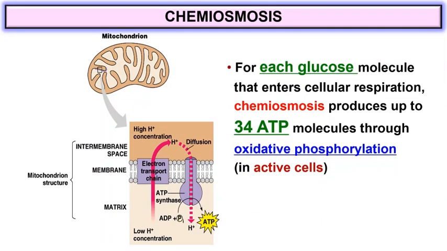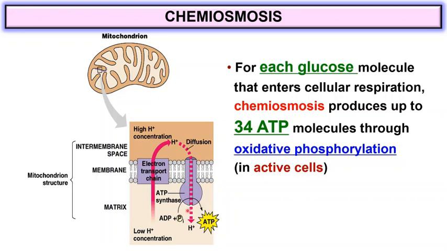So during chemiosmosis, for each glucose molecule that enters cellular respiration, it will produce up to 34 ATP molecules through oxidative phosphorylation in active cells. This is the diagram where after ETC, the electron transport chain, it is followed by chemiosmosis here.